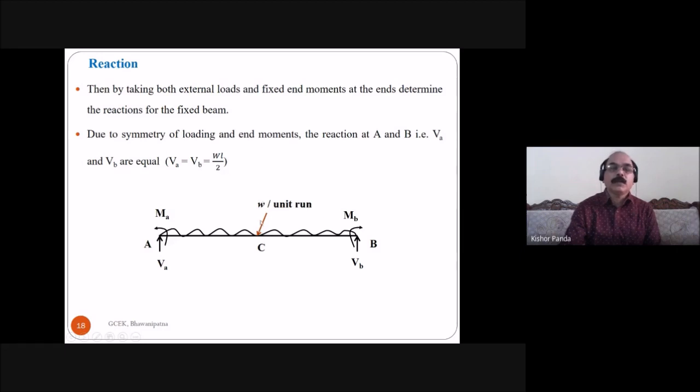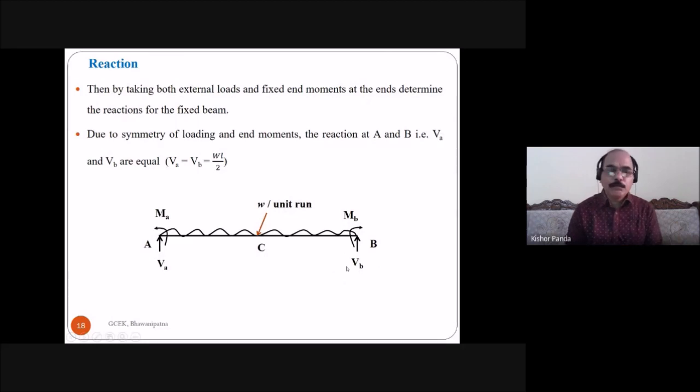You know how to solve this in strength of materials for a simply supported beam. In the case of symmetrical loading, there is no need to take the moment. Directly take the load present and divide it by 2, because both reactions share half of the load. So the reaction here is WL by 2, and here the reaction is WL by 2.